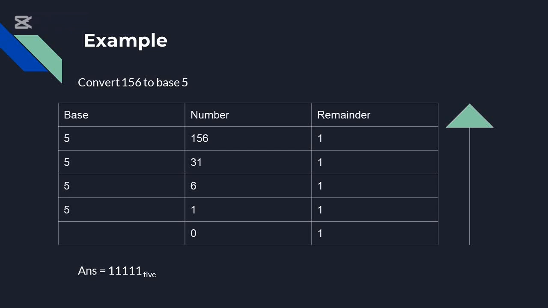Writing the answer gives us 11111 base 5. So the concept is simple. Make sure you have the base, number, and remainder. Divide the number until the quotient is 0. Write the remainders in reverse order to give you the output.